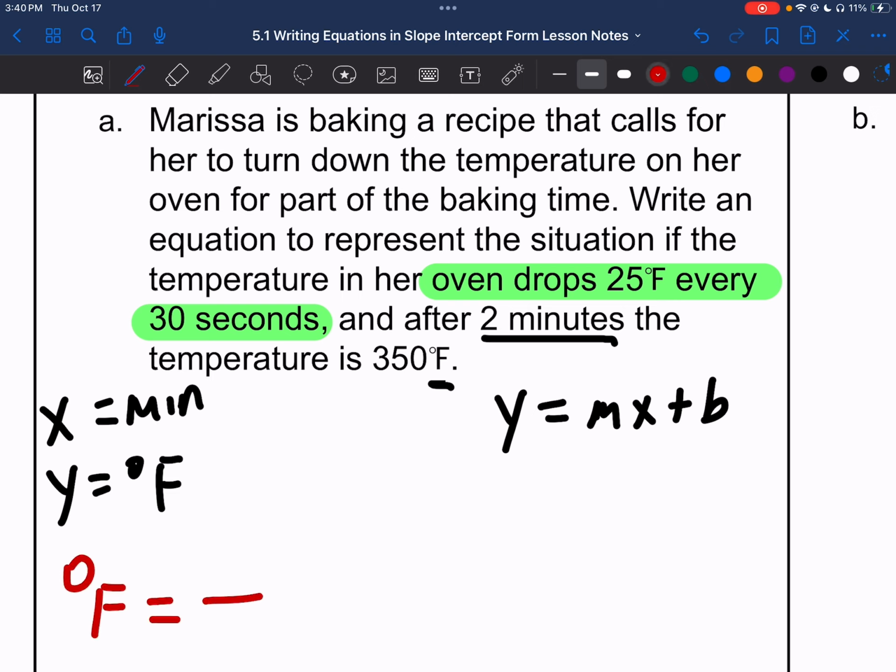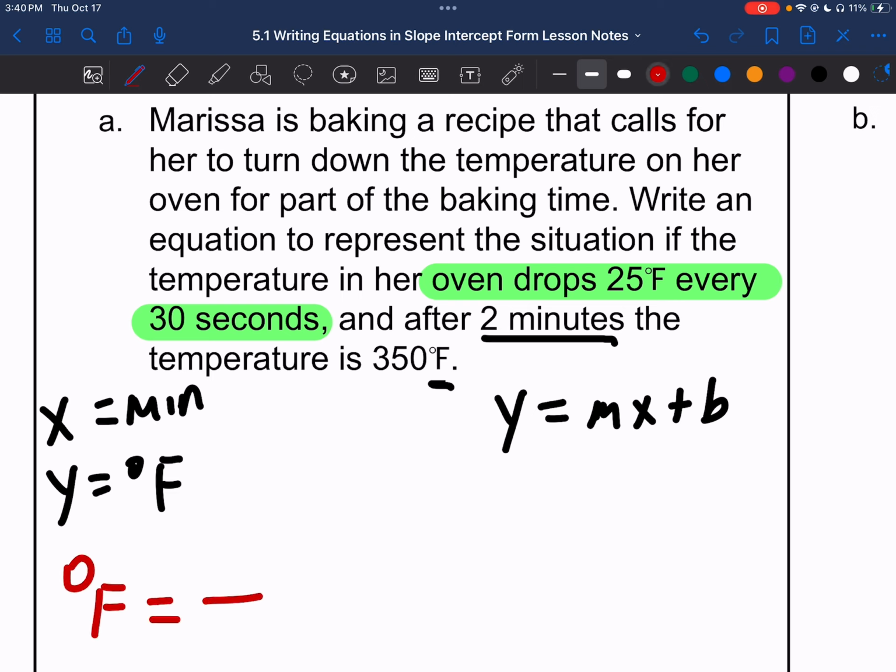And my ordered pair, we have 2 minutes, and we have 350 degrees. So those are the values that we are going to substitute in. 350 is equal to my slope, 50, times my x value, 2, and we're adding our b value to it. And now we go ahead and we multiply, so we have 350 equals 100 plus b.